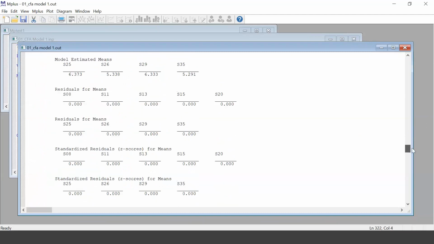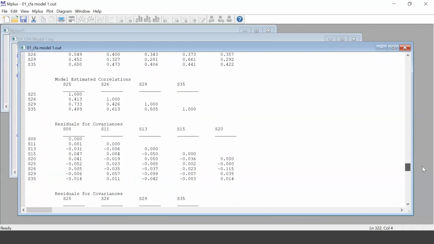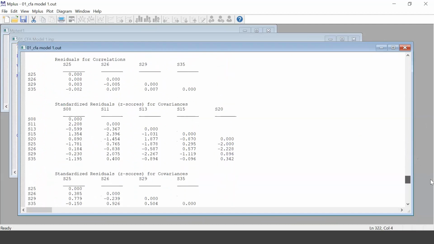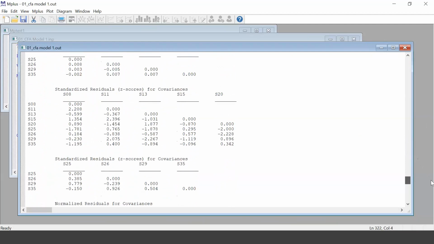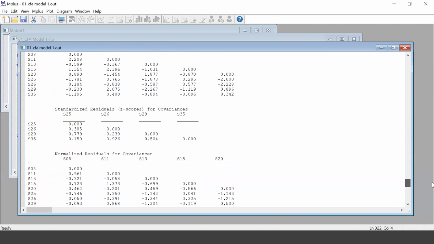Now we can look at our residual output, and I scroll down to residuals. Actually, standardized residuals are the easiest things to look at. So we can look at the standardized residuals or the normalized residuals, either or, for the covariances.